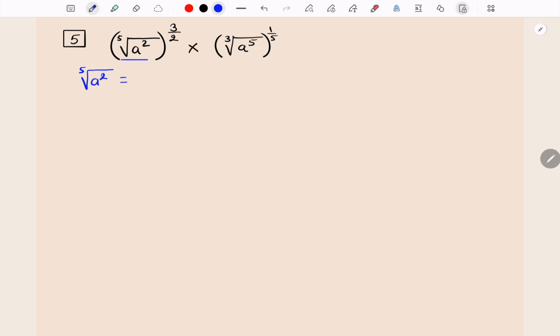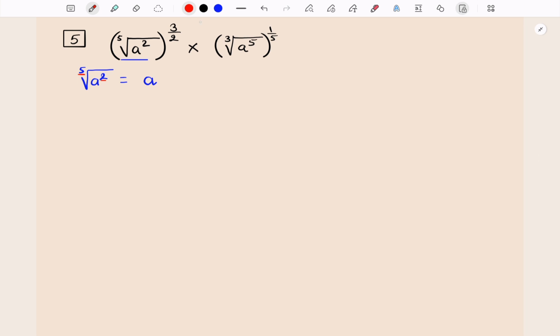Now, if I ask you to convert this into the index notation, can you do that? Yes, that is very easy, right? To convert it into the index notation, we need to keep the base a, and then this power here, that is 2, will be the numerator of the index, and this root 5 would be the denominator.